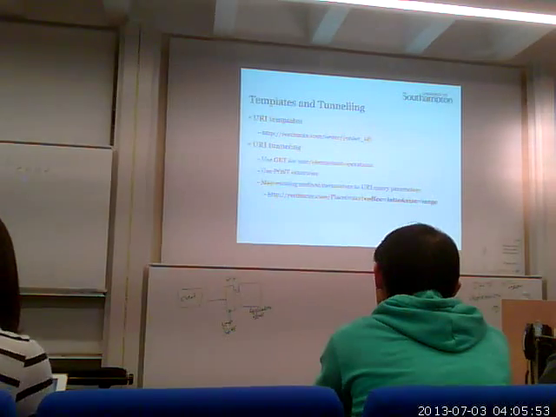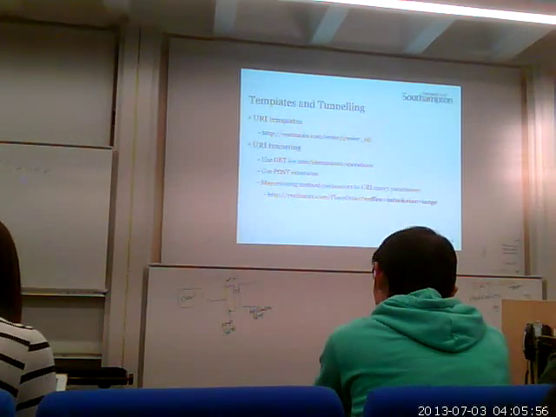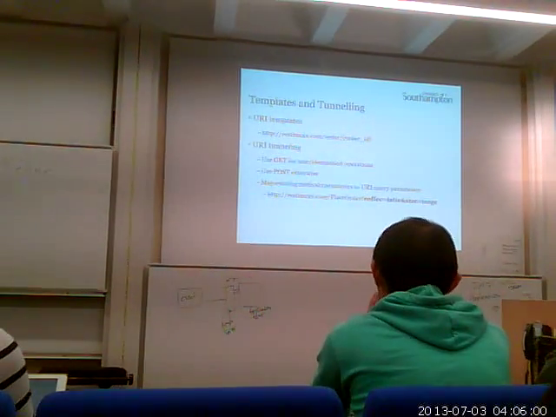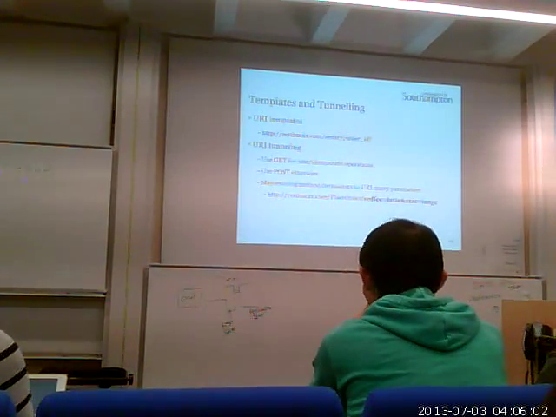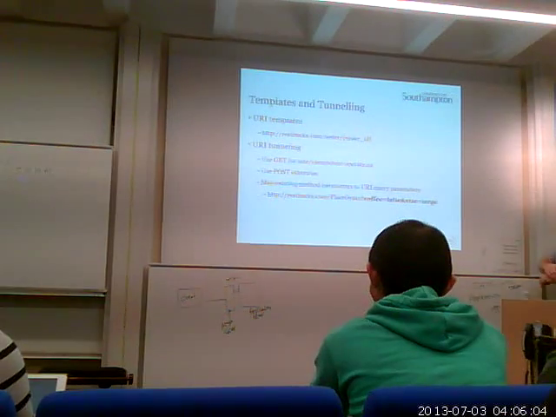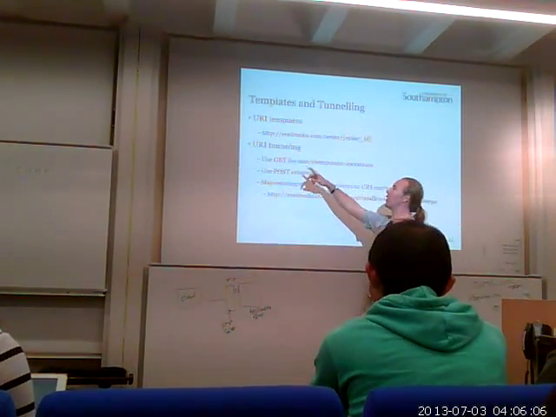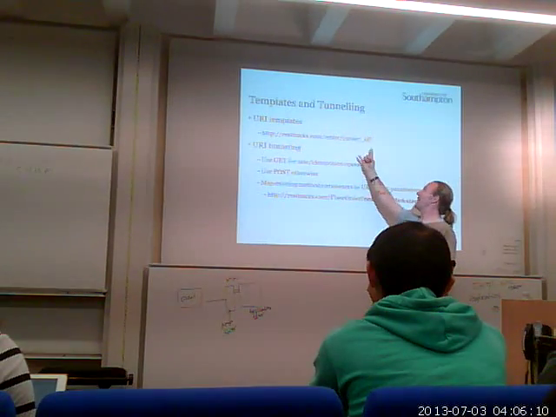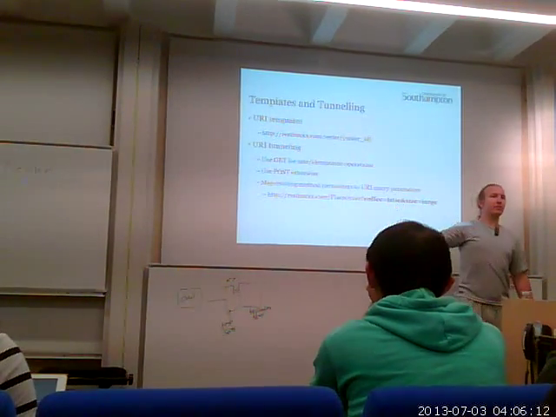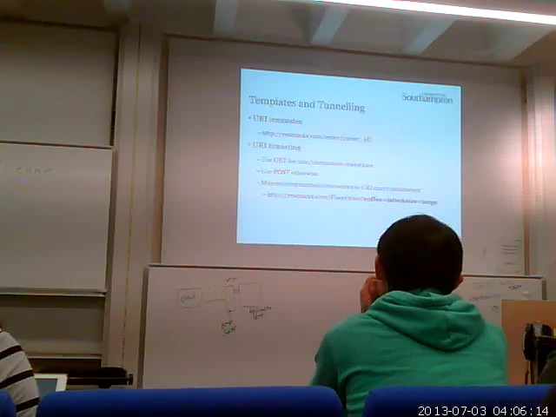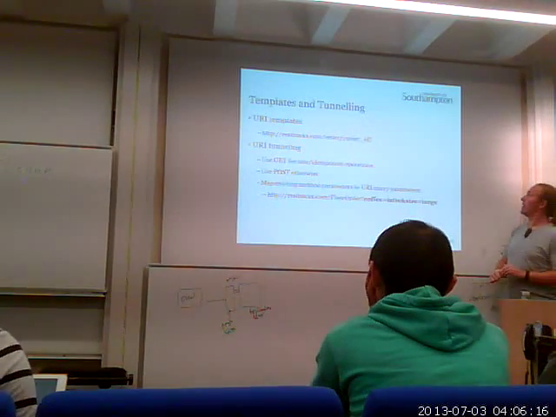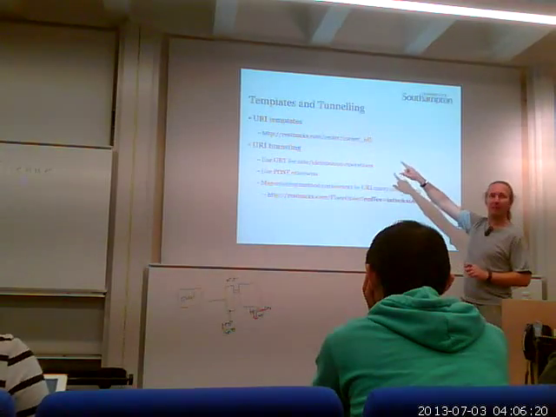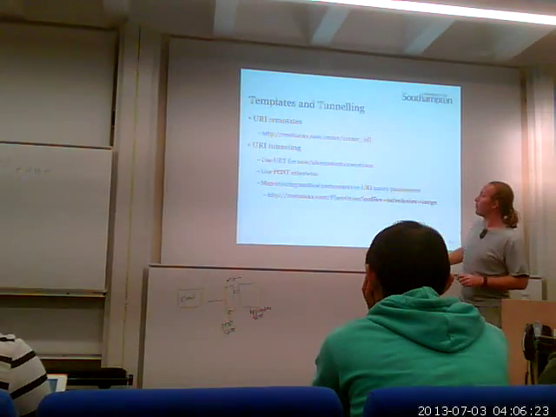These are important. First one is URI templates, and this is a way of describing what the format of your URI is going to be. So if we have a URI that's made up of the server name, the resource, and then some variable, something that will change for each of the different resources, then we might have a URI template like this. You'll see different people use different things to indicate the variable part.